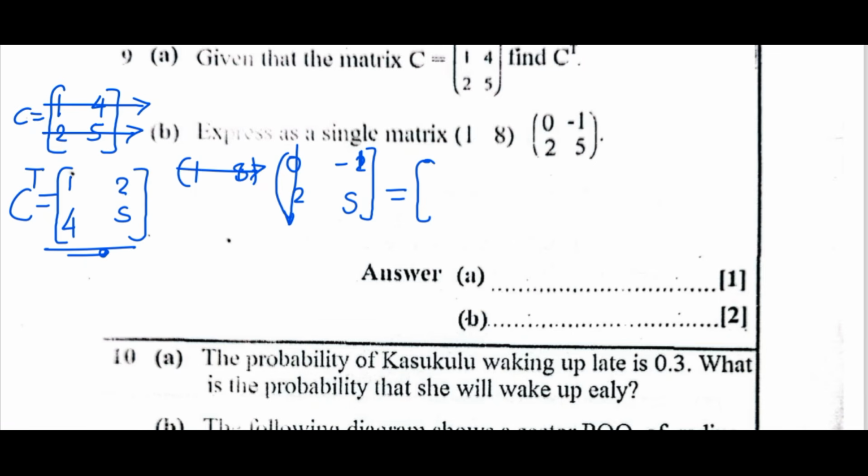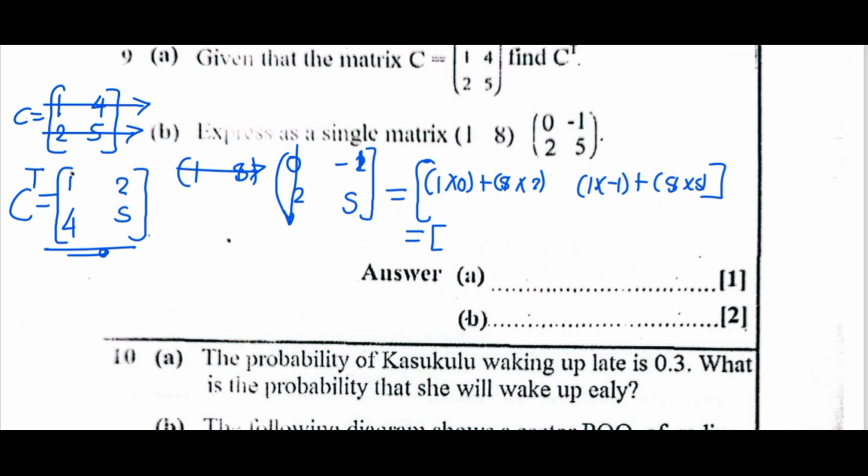This will be 1 multiplied by 0 plus 8 times 2. Then we do the same but with the second column. So this will be 1 times -1 plus 8 times 5.